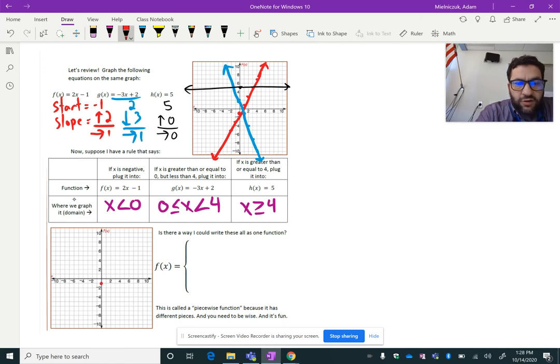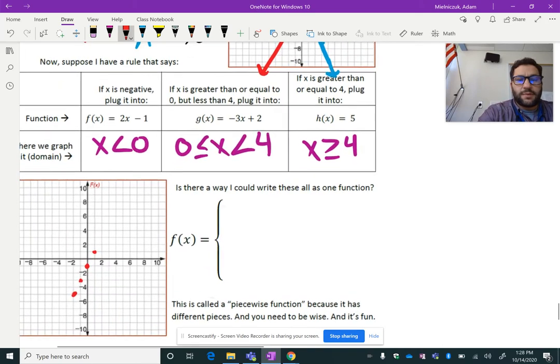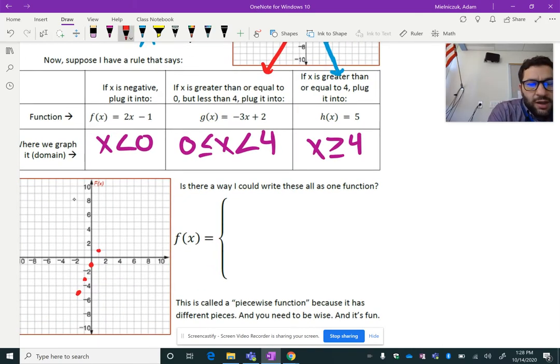We're still going to go up 2 to the right 1, but we want it only on the left side. So we only want it when it's less than 0. So this closed circle right here, we're actually going to make an open circle. And everything that is less than 0, we're going to graph.